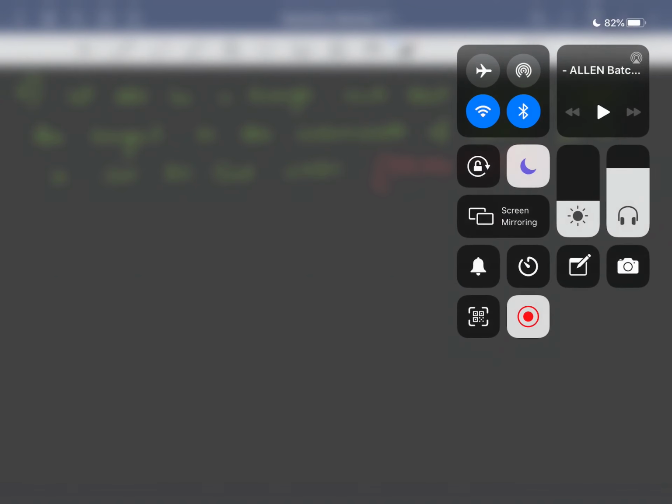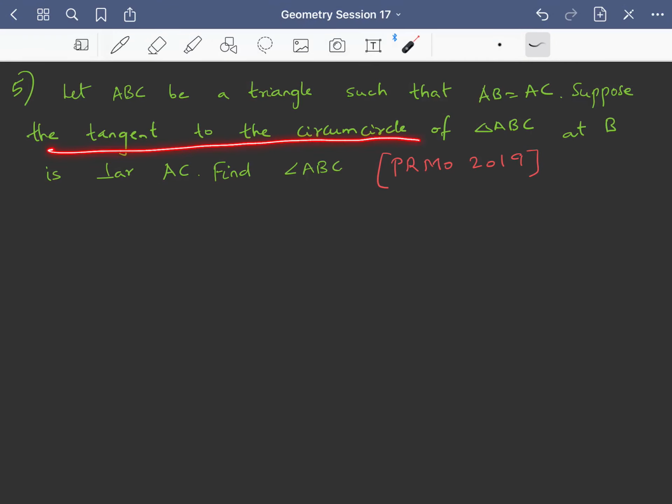Suppose the tangent to the circumcircle of triangle ABC at B is perpendicular to AC, then find angle ABC. So pause the video, give this problem a try and then come back to see the solution.